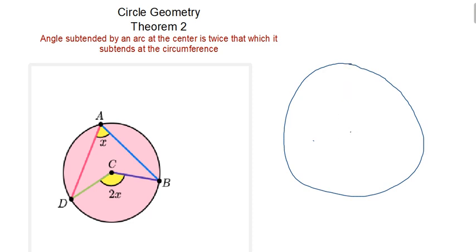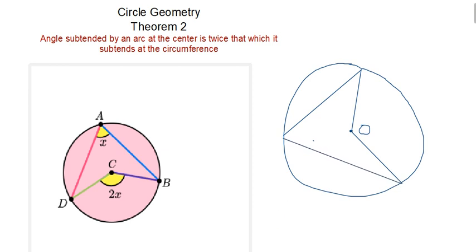Now let me give another, better illustration. Let's say you have a circle with a center. Most of the time we represent the center of the circle by O. Now let me pick an angle from just any part of the circumference. This is an angle that is formed here. Now let me run from that same place. Note, it must come from the same place, but instead of going to the center, it comes to the circumference.